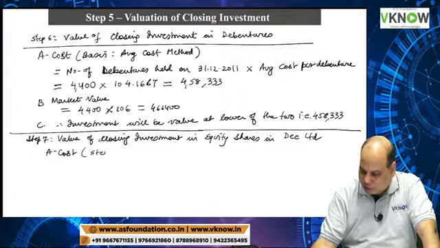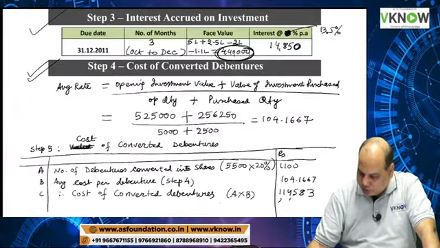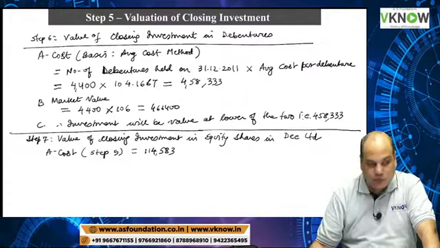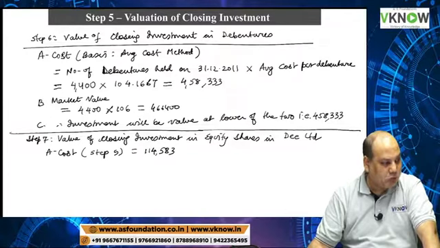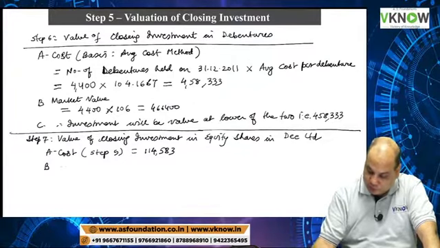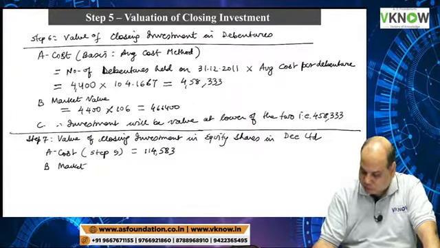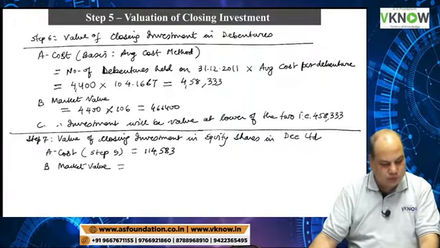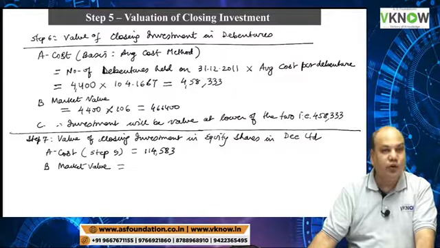Cost we have calculated in step number 5: 114,583. Cost is 114,583 for equity share, and for market value, how many equity shares were issued?